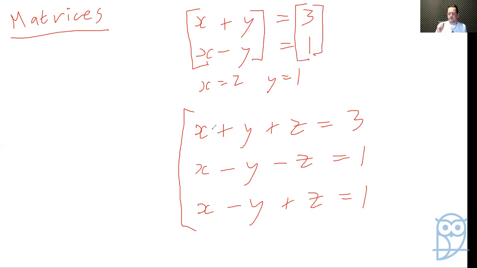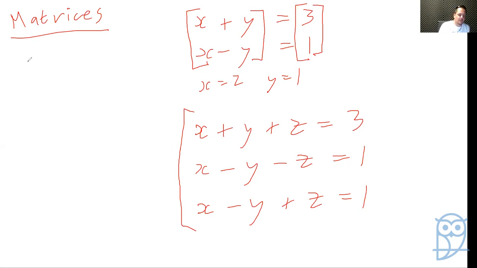Now you may note I'm using square brackets, and I'm purposely using square brackets. You can use round brackets. However, it gets a little hard when the system gets really big to draw round brackets nicely. So square brackets are a good option for this.